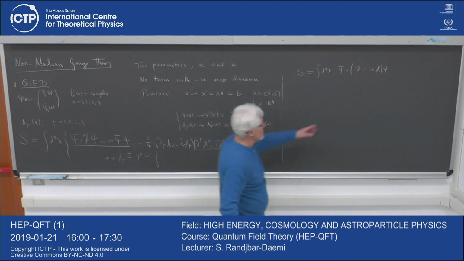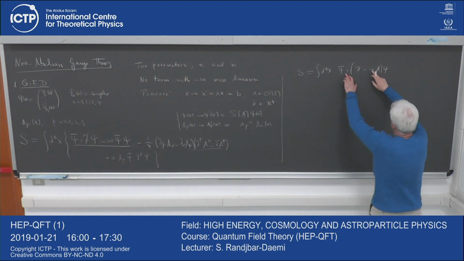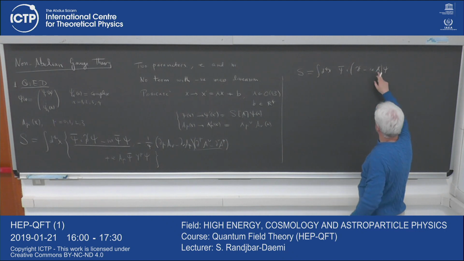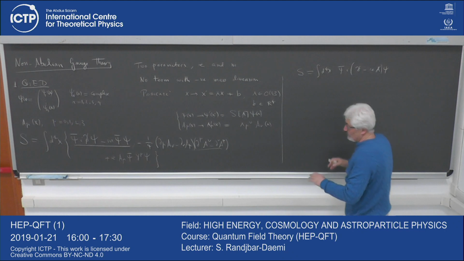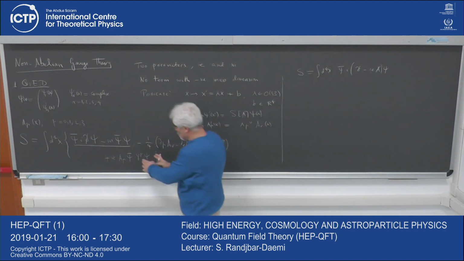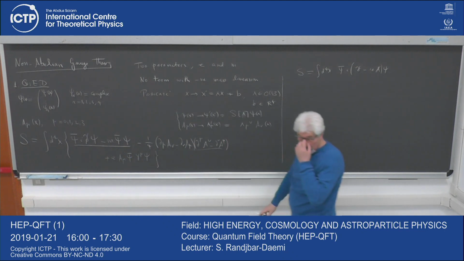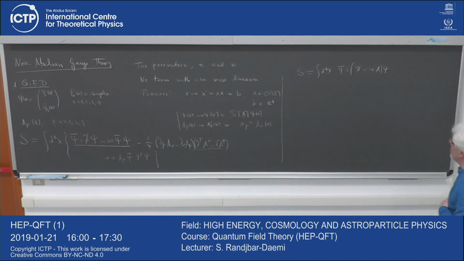And this one, if you multiply that I with that minus I, will produce plus E, the coefficient. This is gamma mu, A mu. So A mu is a vector field, so you can put it inside with 2 sides or outside. So that's this term. Okay?